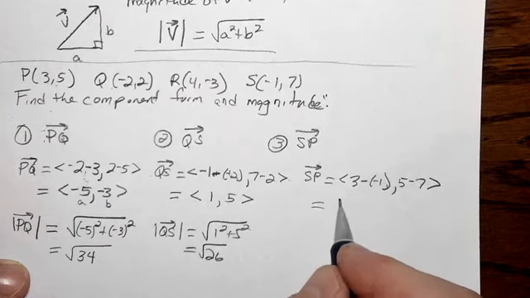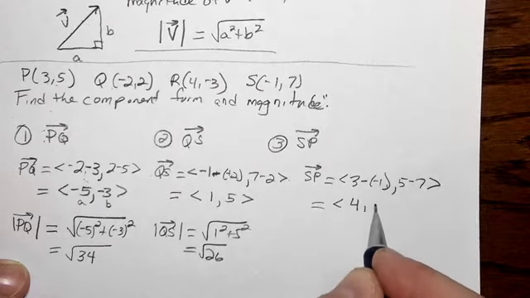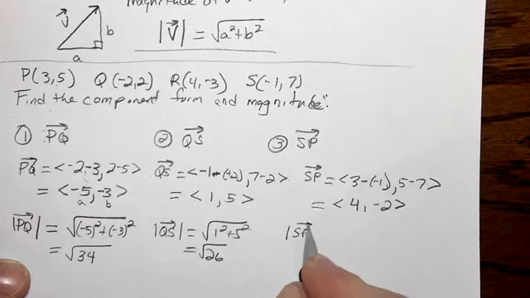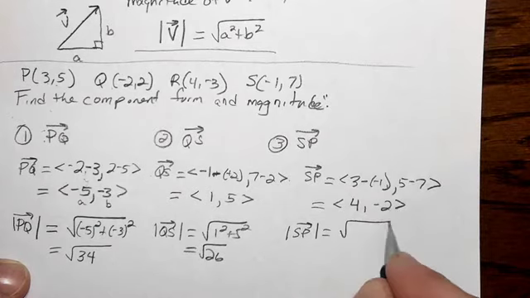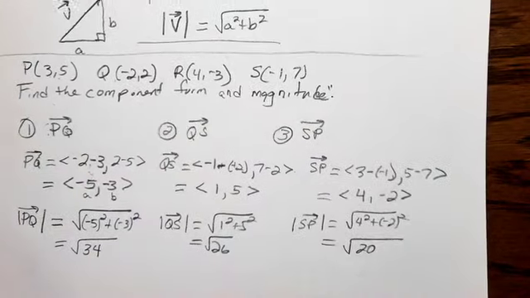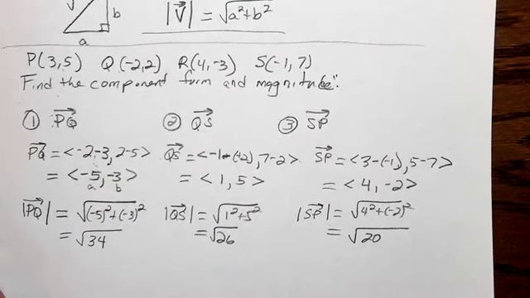Simplifying, minus a minus is a plus, so it's 4, -2. Then the magnitude of SP is given by the square root of 4 squared plus -2 squared, simplifying to the square root of 20. And there's finding the magnitude of those vectors.